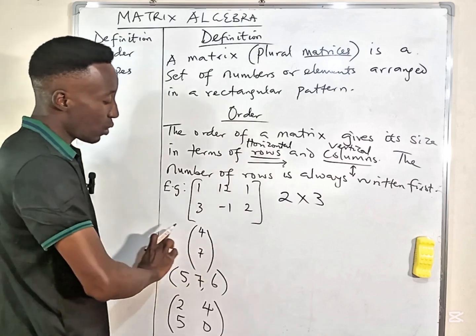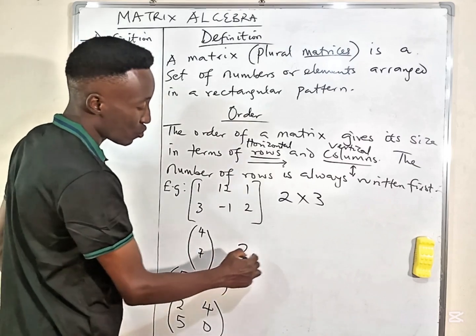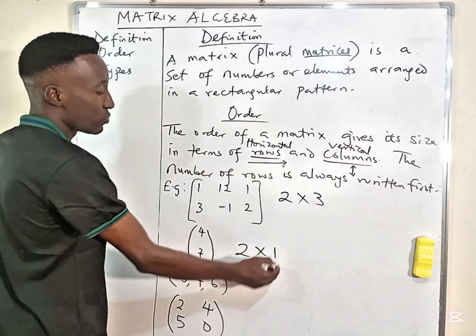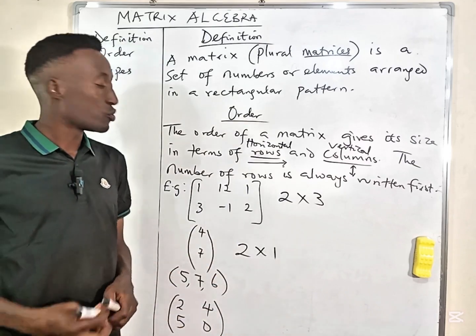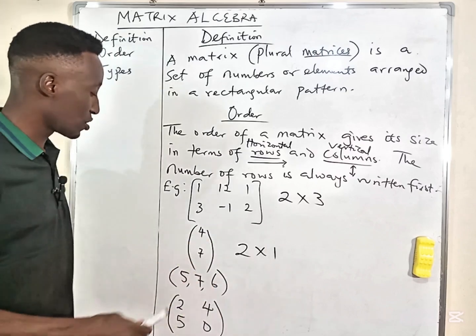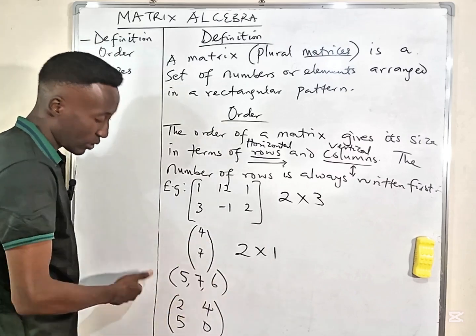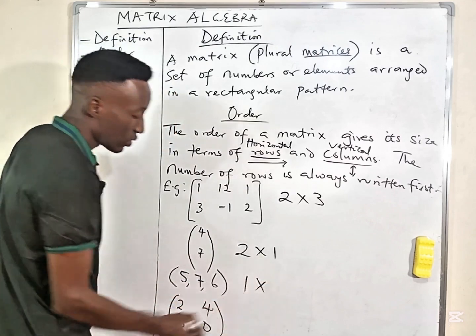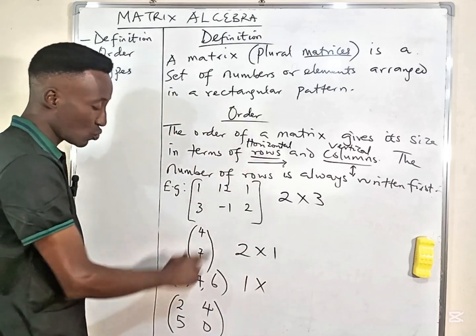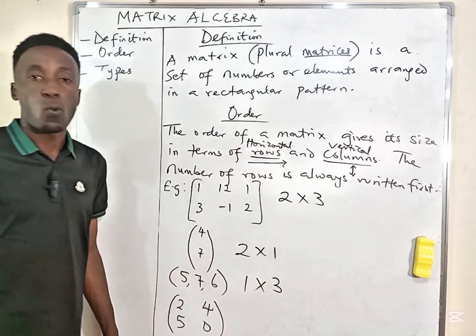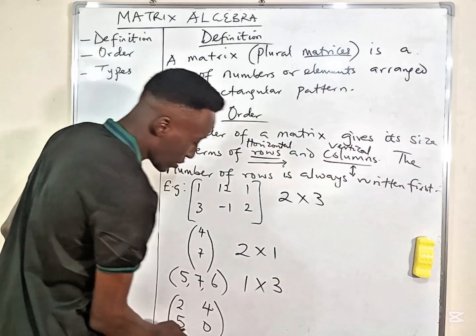What about this? We have 2 rows, 1 column. So this is a 2 by 1 matrix. Now, how many rows here? 1 row. How many columns? 1, 2, 3. So 1 by 3. Now, what about this? What's the order?